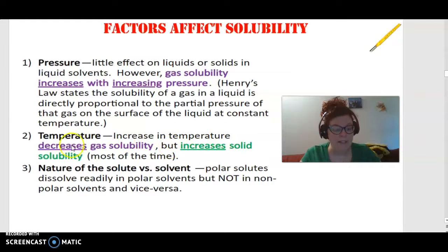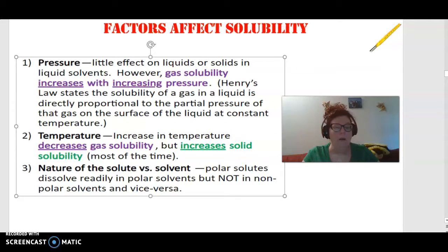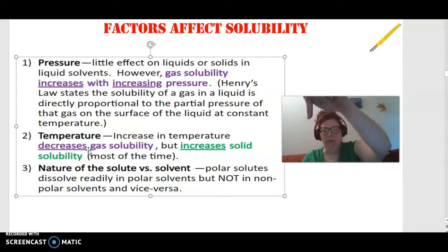But, big buts, remember, there's always big buts. If it's a gas, like in a soda, think about it. When you heat up a soda, it decreases the solubility. It goes down. So backwards things drive me crazy.